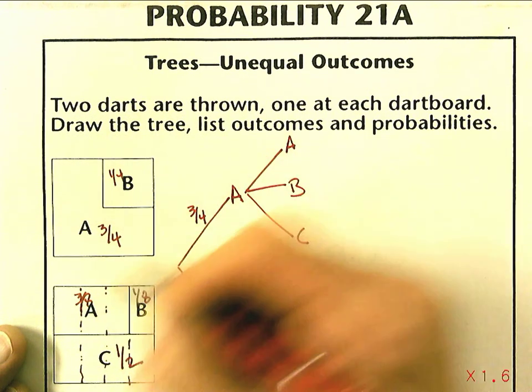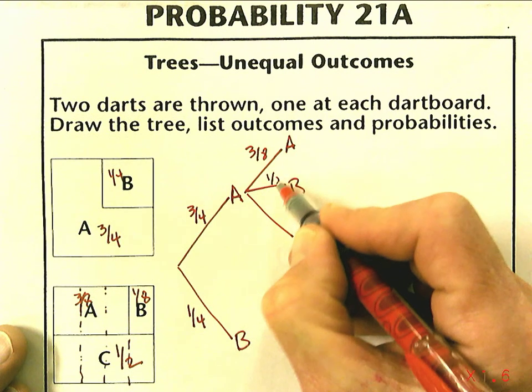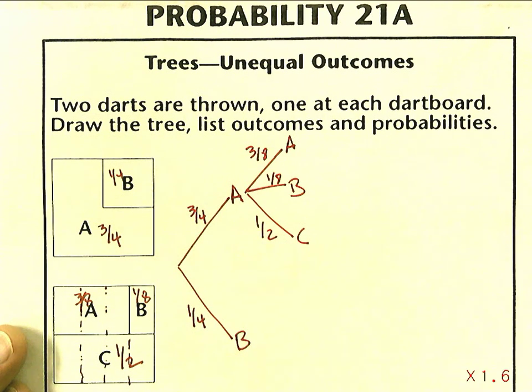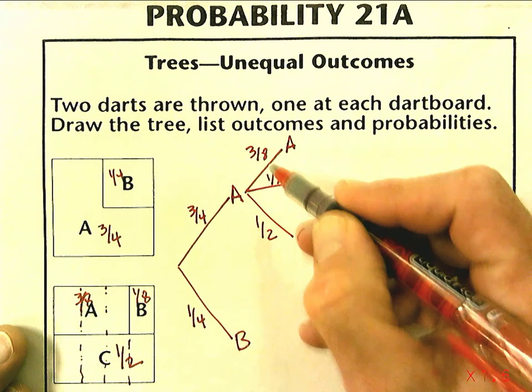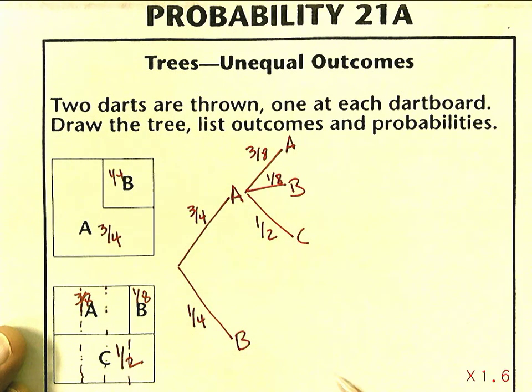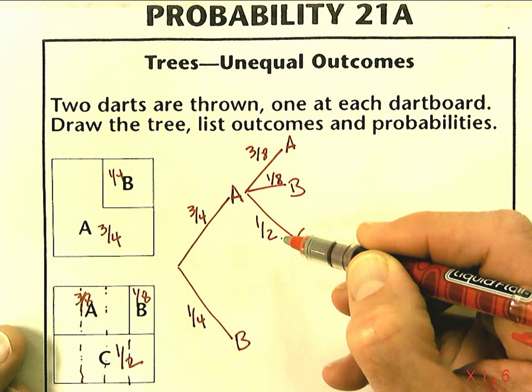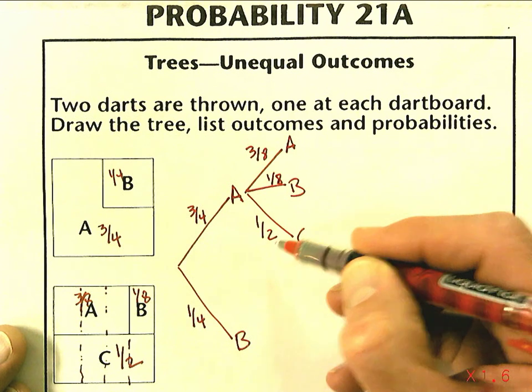It'd be 3/8 for the A part, 1/8 for the B part, 1/2 for the C part. We're going to get to how to use those in just a moment, but it's important as you do tree diagrams, especially with unequal probabilities, that you list these outcomes on the branches as you go. We'll come back to that in just a moment after we finish B.